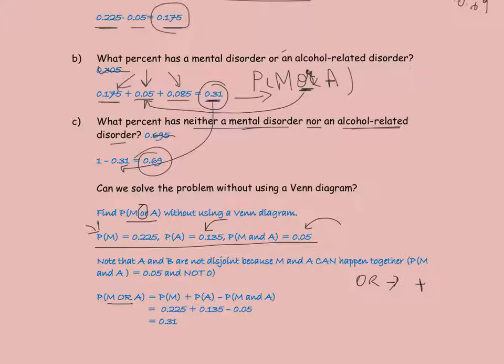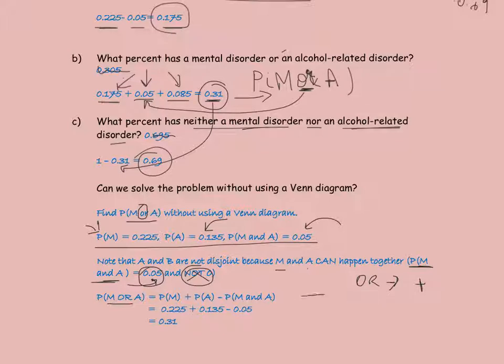But in this case, notice that mental disorder and alcohol disorder can happen at the same time to the same person, because we know that from the fact that probability of mental disorder and alcohol related disorder is 0.05. If it was 0, then we would say it's disjoint, but since it is not 0, the two events M and A are not disjoint.